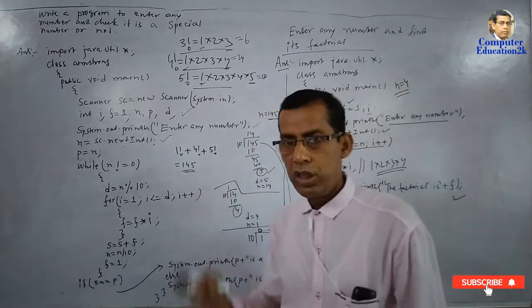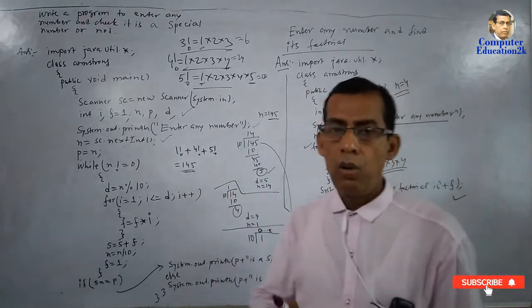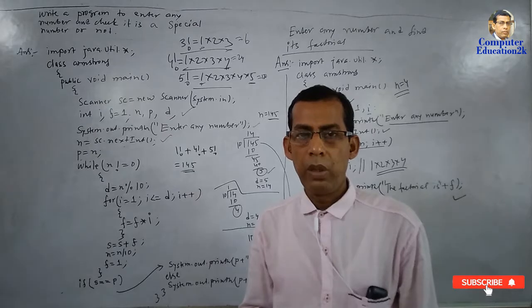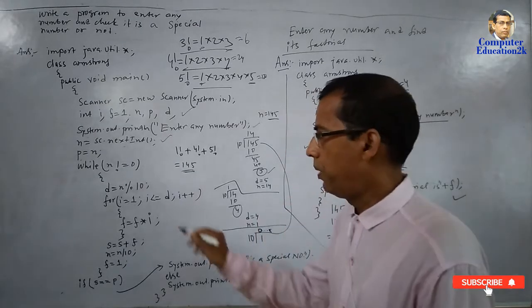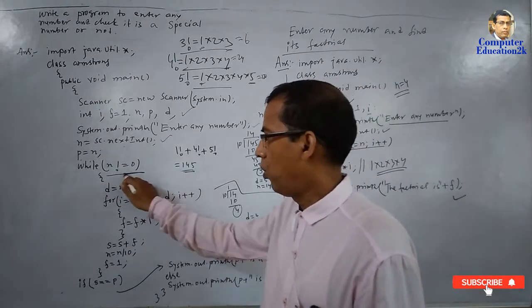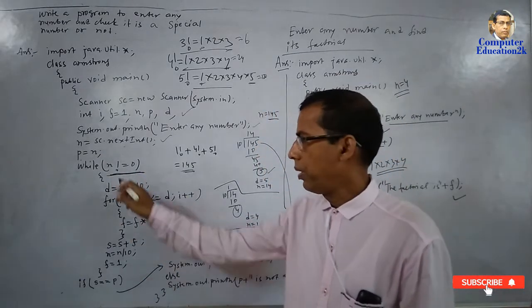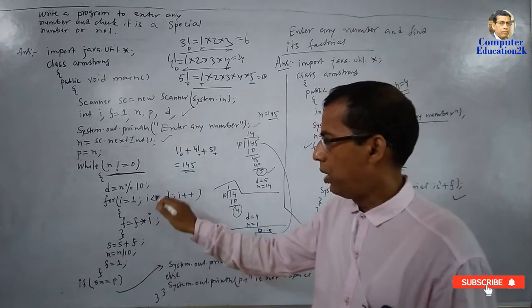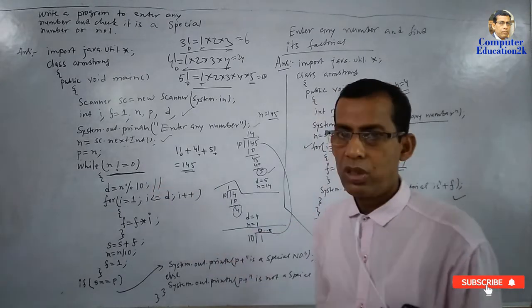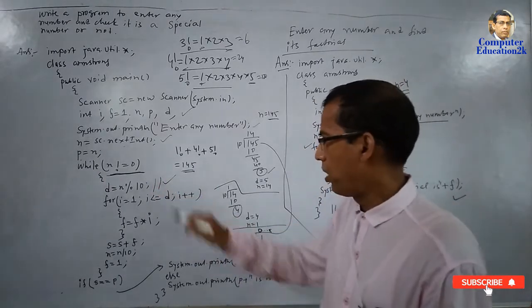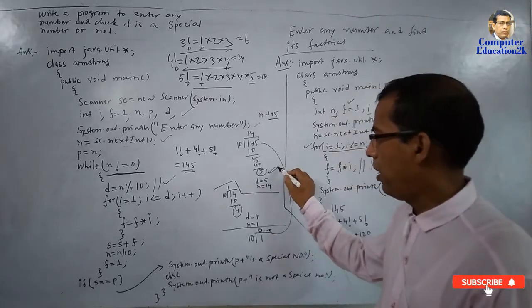So, the digits 1, 4, 5 are separated. Now, here this logic will be used. But how long will you divide? Until the number becomes 0. That's why I have written here, while n not equals to 0. First time the value of n is 145, that is not 0. Come down, here we are getting the separated digits. First time, here we will get 5.